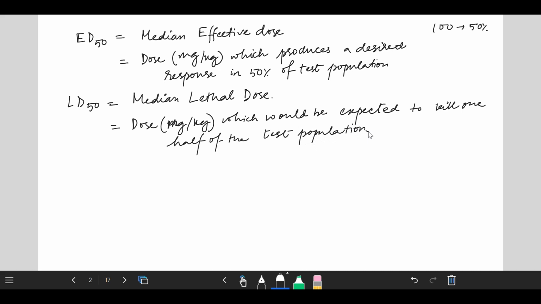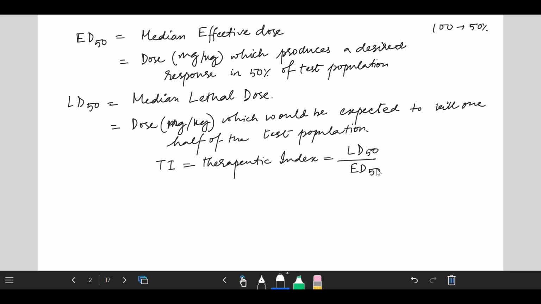Now, if we put these two values in a ratio, we will get the therapeutic index. The therapeutic index is the ratio of LD50 and ED50.